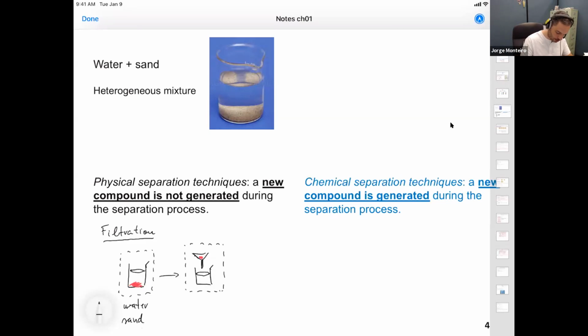You will still have water and sand. Okay, so it doesn't matter that they are in different flasks. You need to look at the whole thing. The composition was not changed, so therefore this is a physical separation technique.